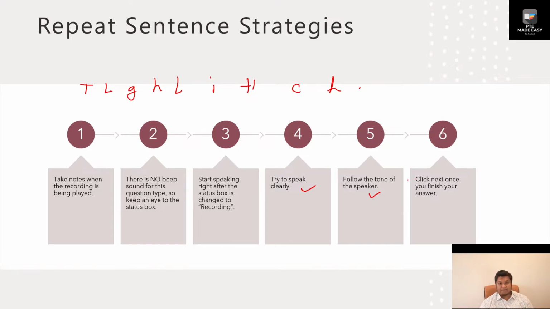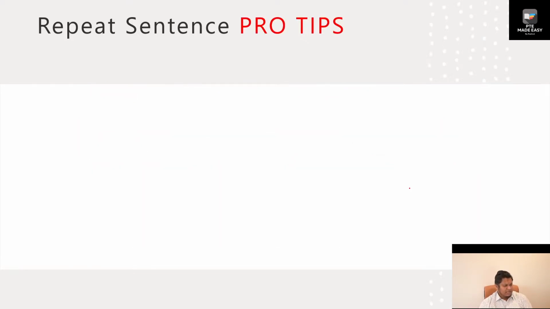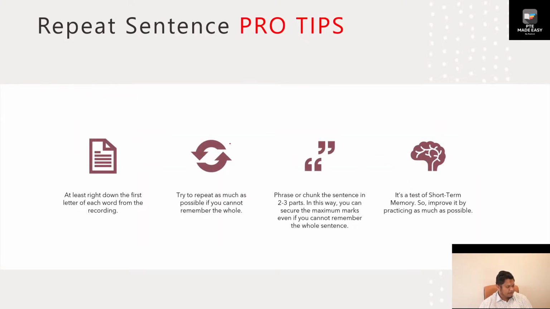Again, the same principle applies as in read aloud. If you keep quiet for more than 3 seconds, the microphone will automatically turn off, and not only that, it will eventually get your pronunciation scored down. Some pro tips are very simple.